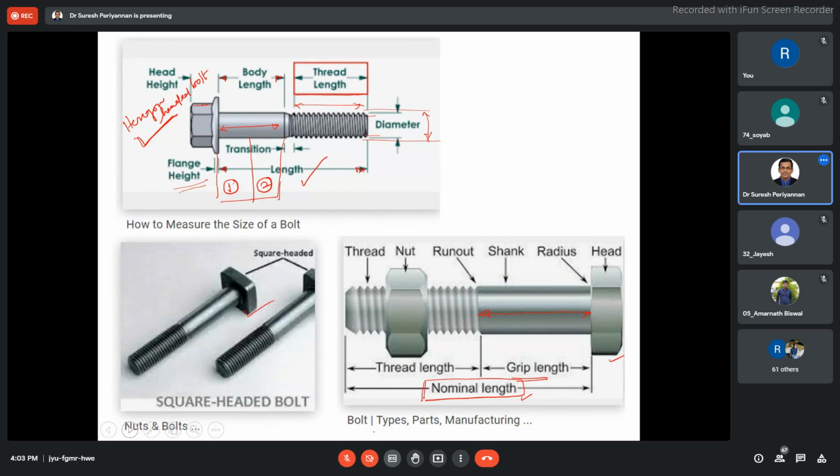Okay. Now, what are the advantages and disadvantages? We will see a few points, because there are a lot of advantages and a few disadvantages too. Here the parts are held together by the clamping force of the nut and bolt assembly. There is no loosening of the parts, because we are tightening the bolt and nut.